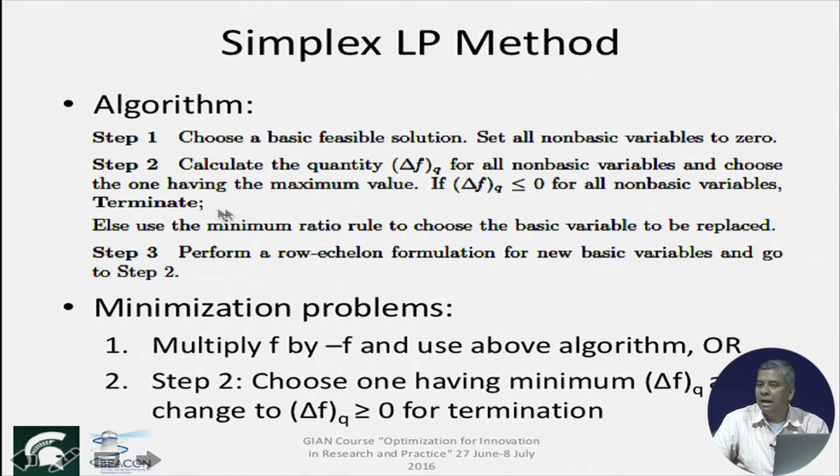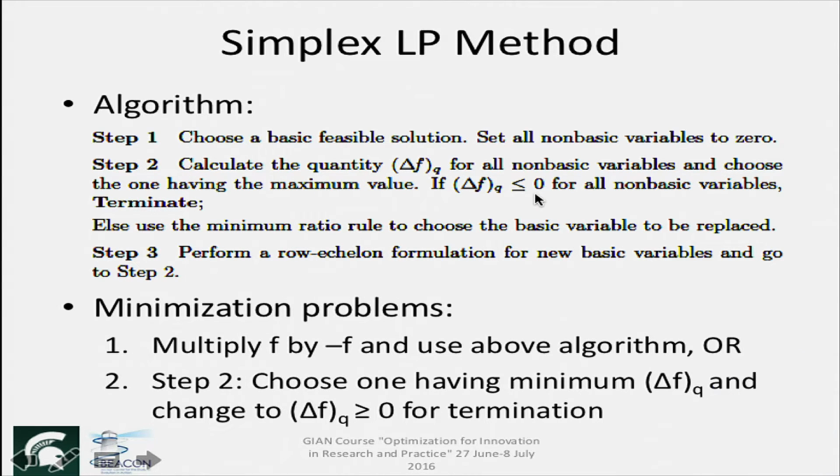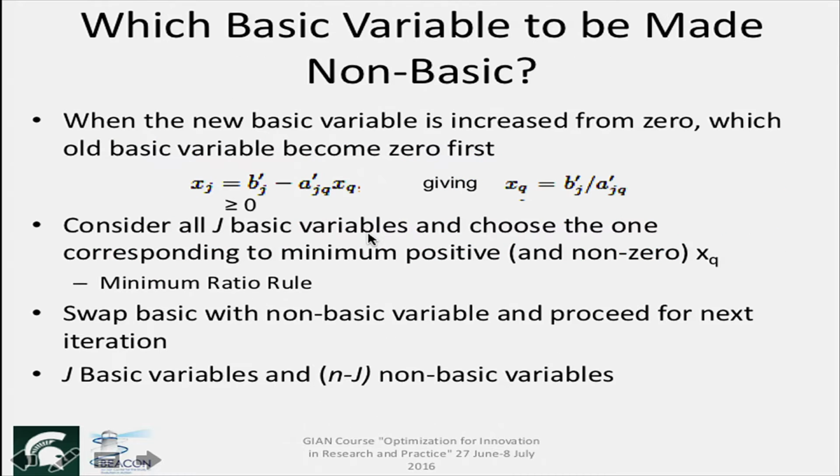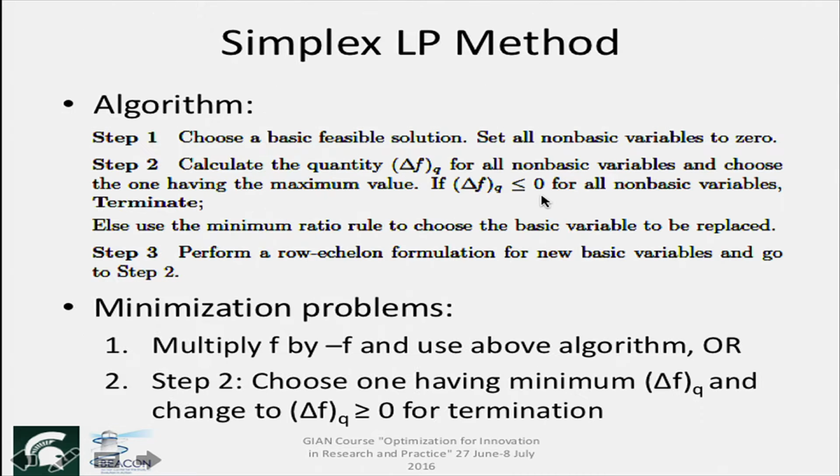If you find that none of them is strictly positive, that means you have reached the optimum and you quit. If this is not so, then you use the minimum ratio rule, which is the rule we have discussed, for all basic variables, and identify which of them has the minimum, and those two should be exchanged, and then you proceed.